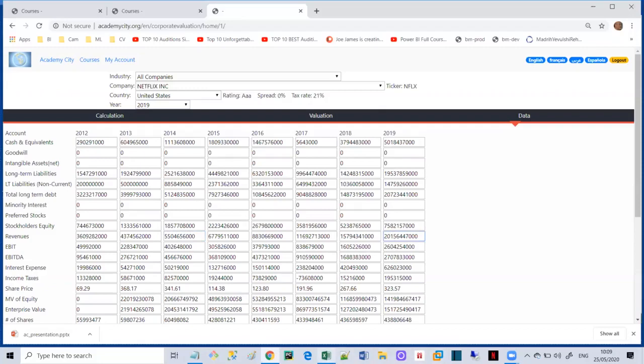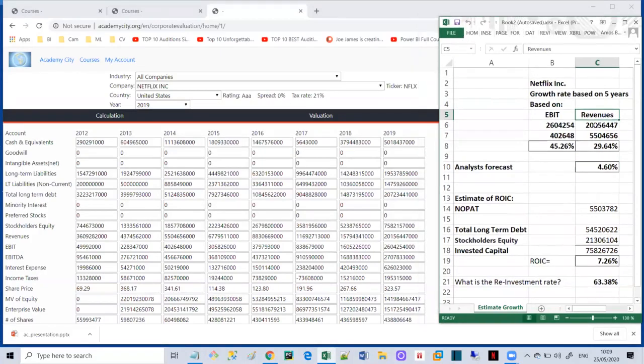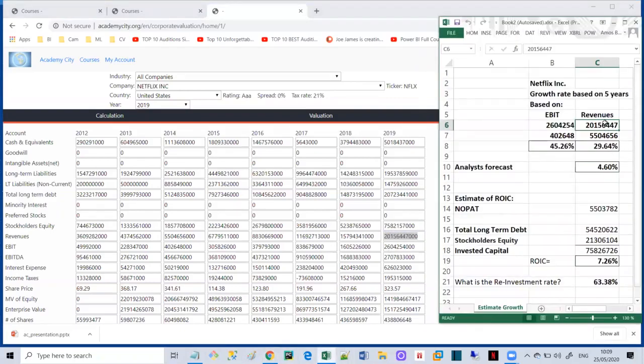So I did a little calculation here for you, and I expect you to do it for your company. I took the revenue at 2019. It was 201,564. I took that number. That was 2019. This is the number in 2014.